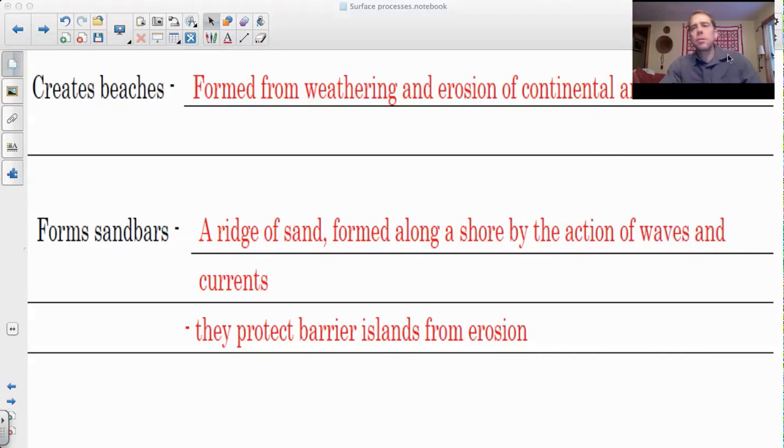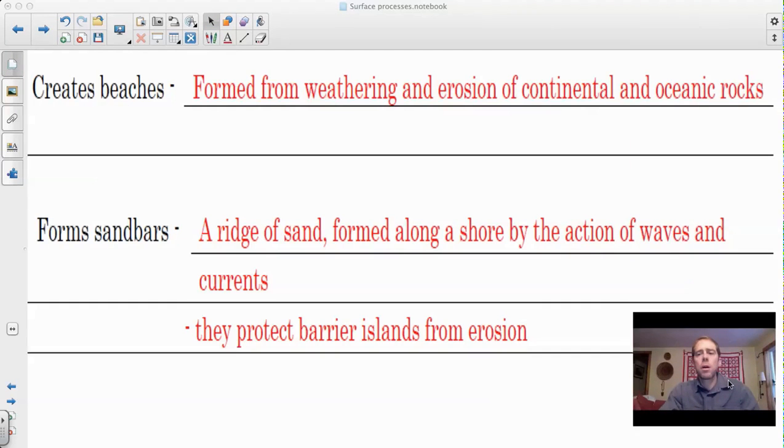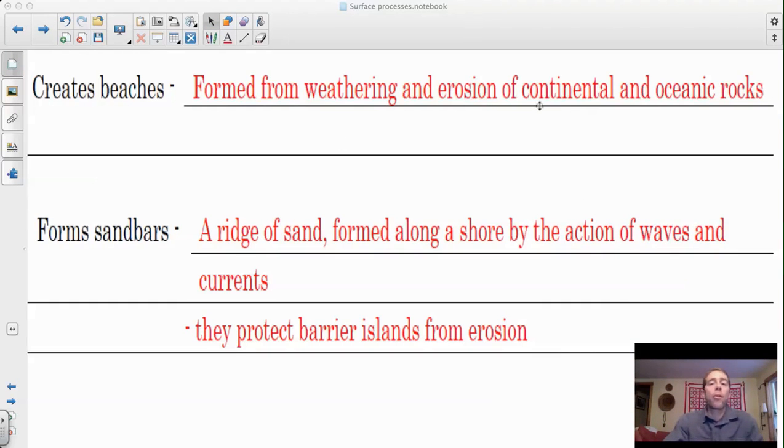The beaches that form from weathering and erosion of continental and oceanic rock, generally the grains of sand are going to be the hardest minerals left over. And so when we look at granite, granite's made out of quartz and feldspars, and the quartz tends to be the hardest of the minerals and is less reactive, and so it ends up being the one that lasts and is the biggest component of sand.